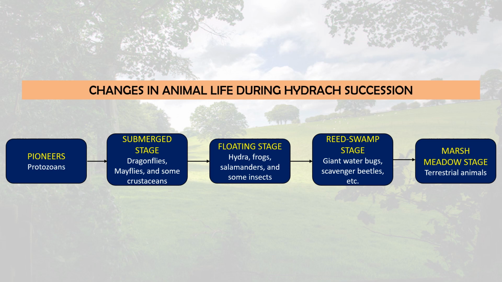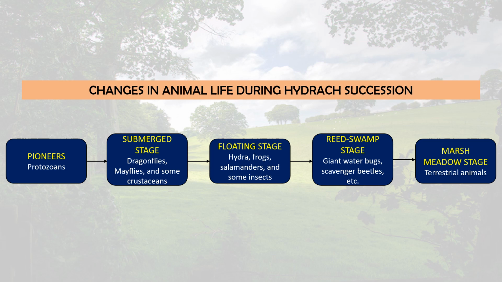So the floating stage animals also are replaced with some species like snails, some giant water bugs, scavenger beetles, etc. And some annelid worms are also found. And as there is availability of insects on the upper surface of the water, some birds like kingfisher, pond heron, ducks are also common to this area.